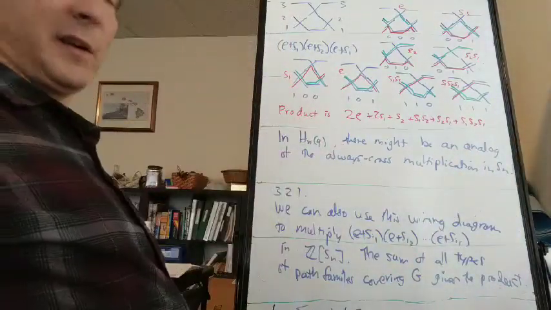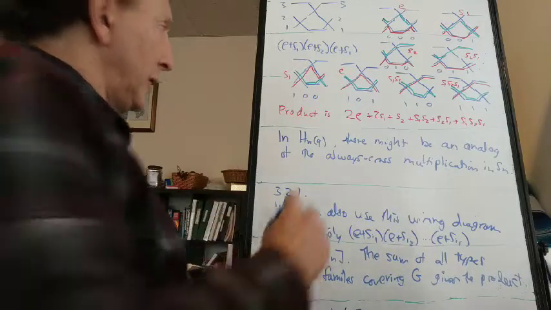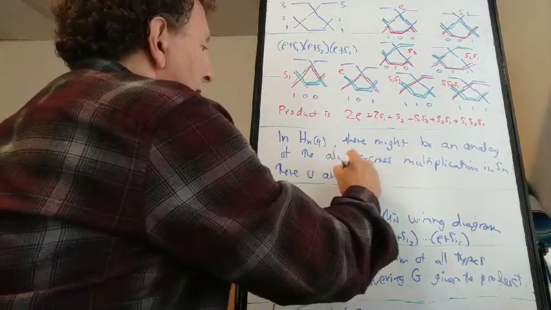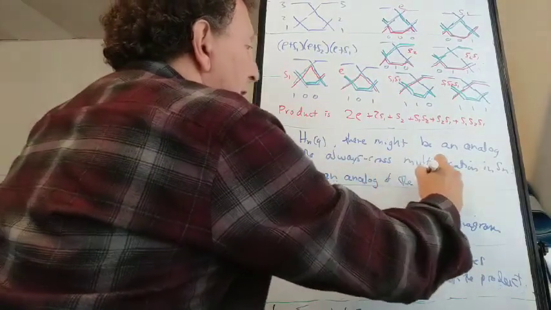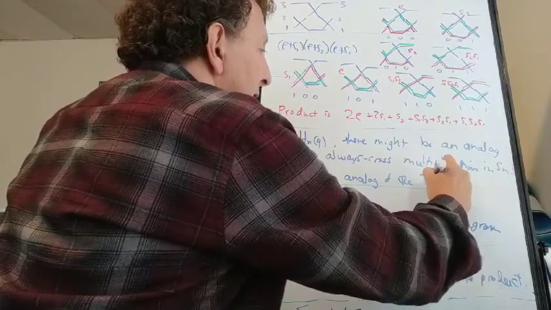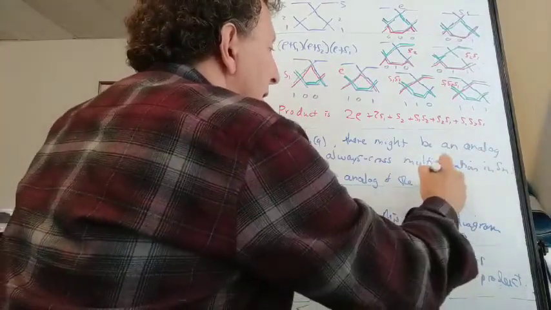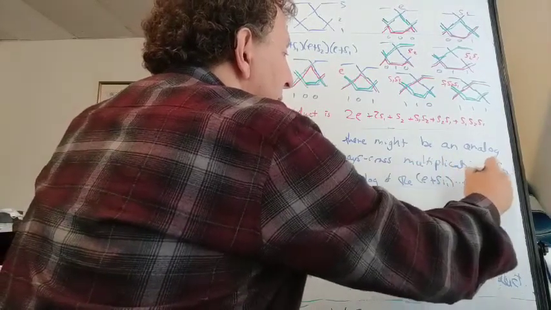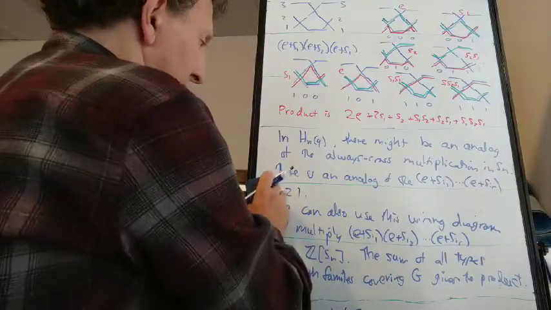Maybe we can look at that together and see if we can figure it out. But I definitely know that there is an analog of the (e + s_{i1}) ... (e + s_{ir}) multiplication, where we look at all the path families.